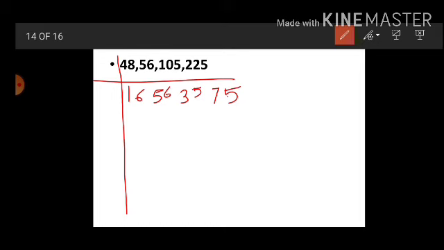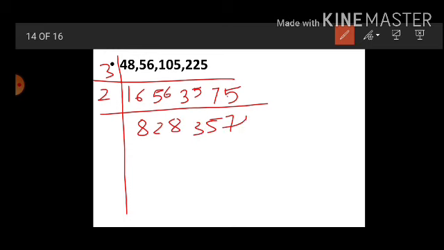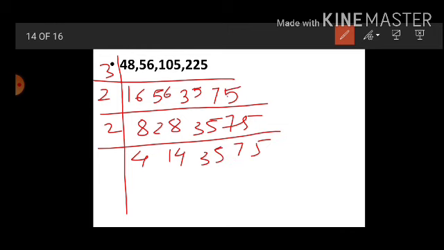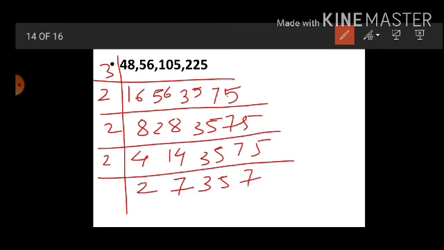Now again we divide by 2. 2 8s are 16, 2 2s are 4, 2 8s are 16, 35 75. Again 2, 2 4s are 8, 35 70. Now 14, 35 and 75. Again we will take 2. 2 2s are 4, 2 7s are 14, 35 and 75.